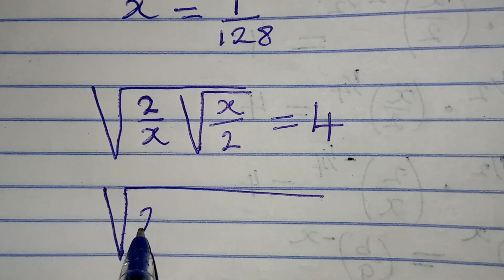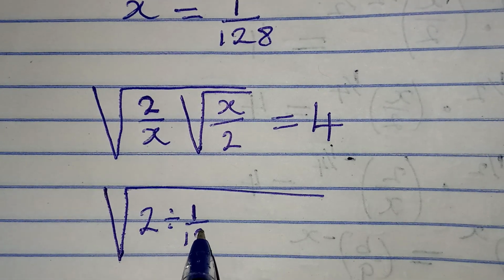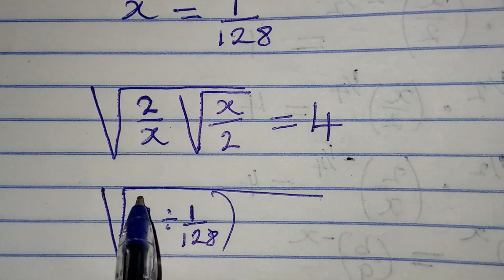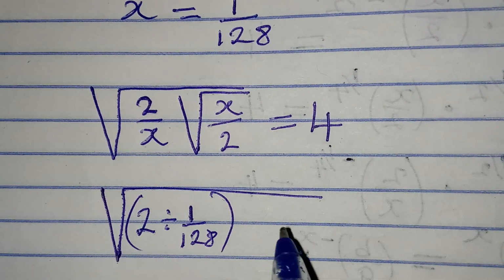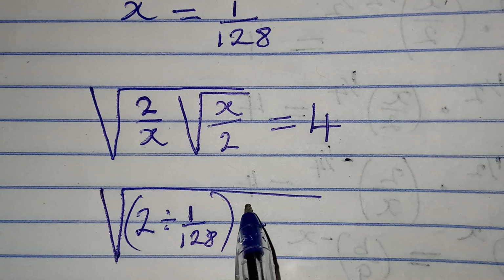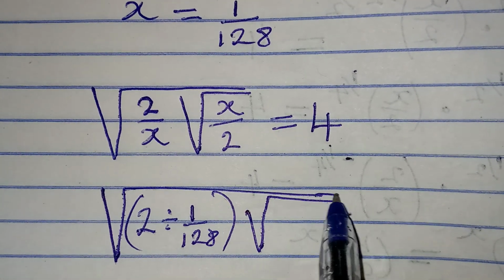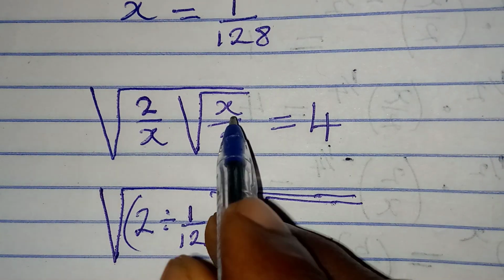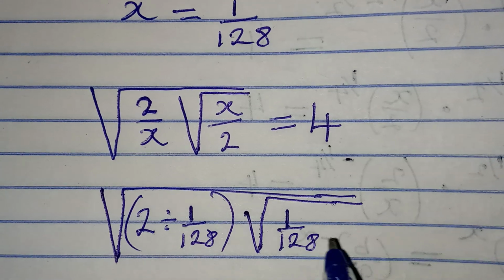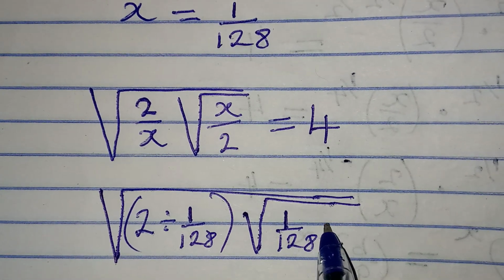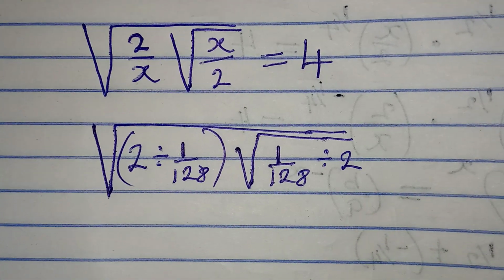I'm going to have 2 divided by 1 over 128, because we're having 2 divided by x, and x is 1 over 128. Then in the other, I'm going to have another square root sign, and then x is 1 over 128, divided by 2.